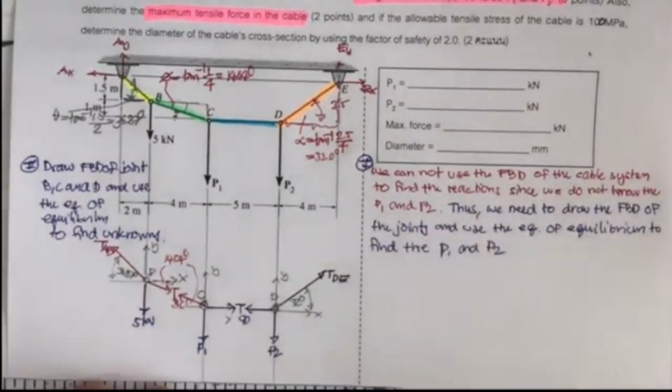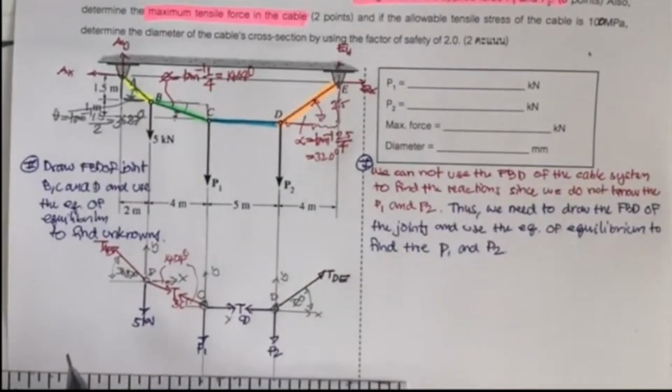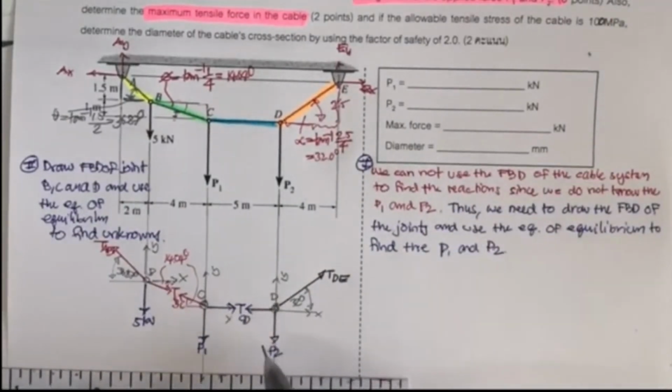And now you can see the free body diagram here going to have 3 unknown.